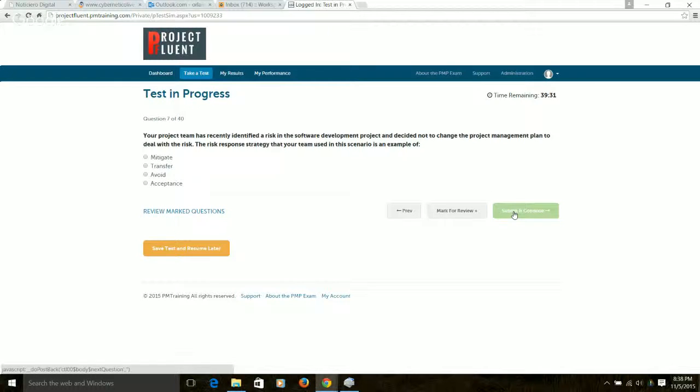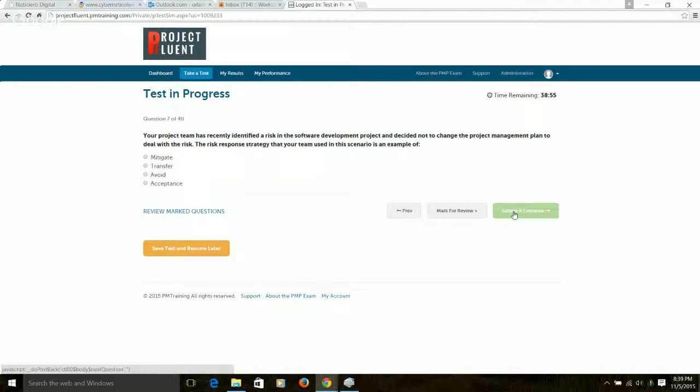So let's see. This is a risk question. Your project team has recently identified a risk in the software development project and decided not to change the project management plan to deal with the risk.